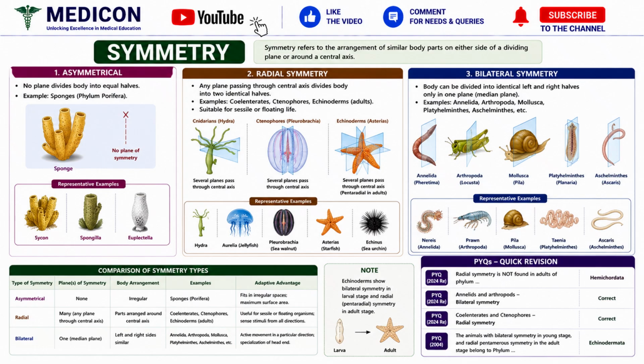Several planes pass through the central axis in coelenterates and ctenophores, and even in echinoderms when they are adult, like pentaradial in adults, for example Asterias. Examples are Hydra, Aurelia (jellyfish), Pleurobrachia (sea walnut), Asterias (starfish), and Echinus (sea urchin).